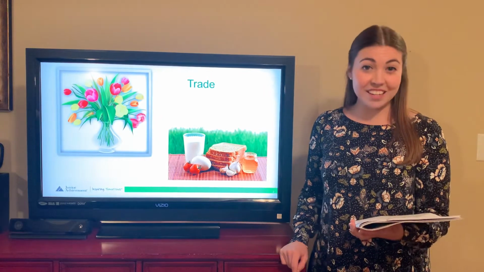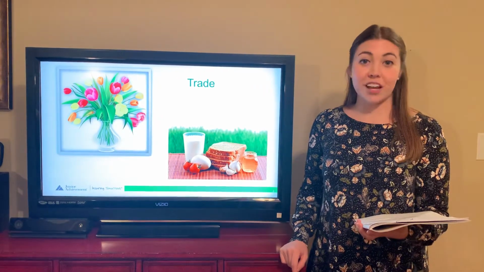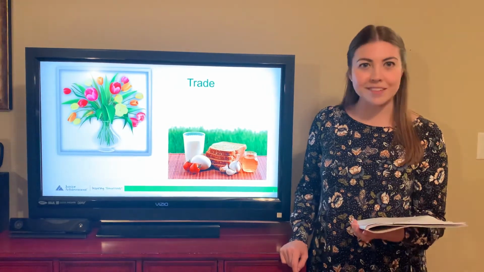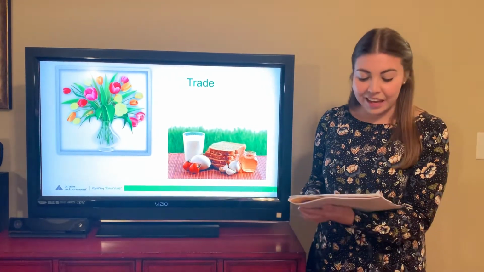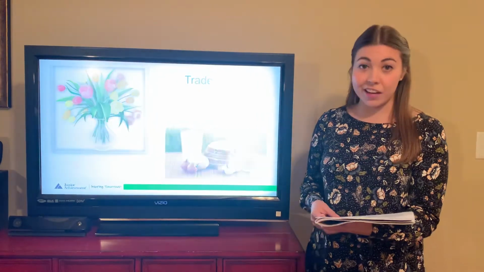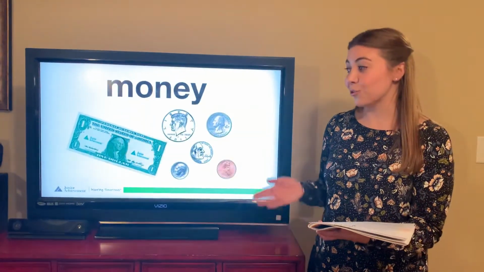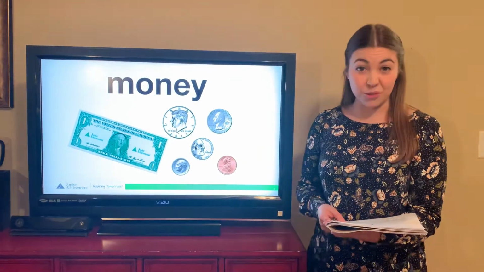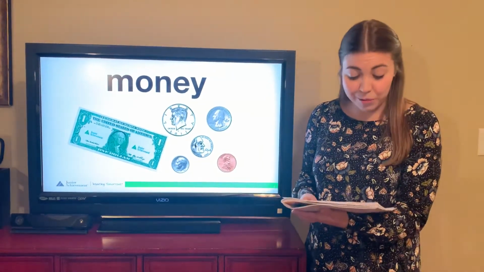Have you ever traded anything? Some people trade baseball cards or Pokemon cards, things like that. Now today, instead of trade, communities use money. And money is lightweight and easy to use, so that's why we use that.